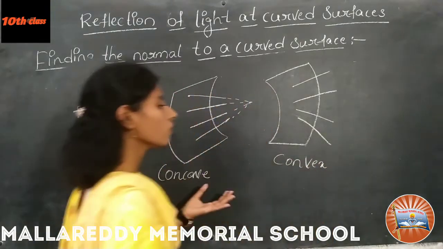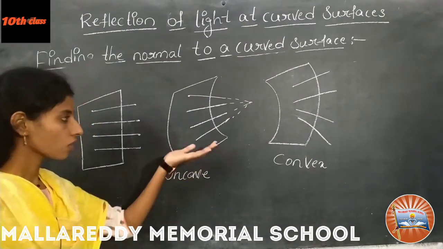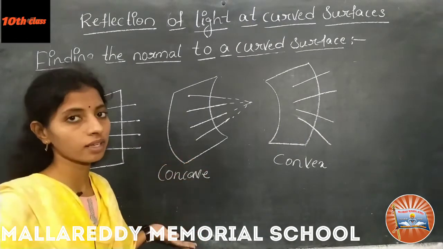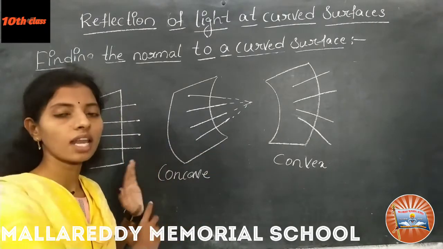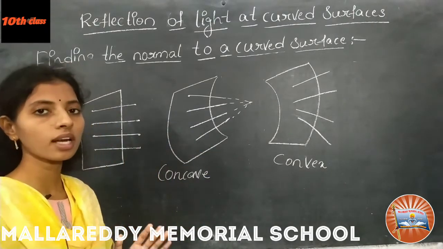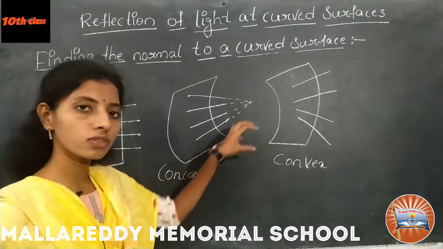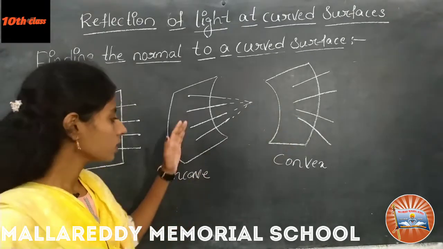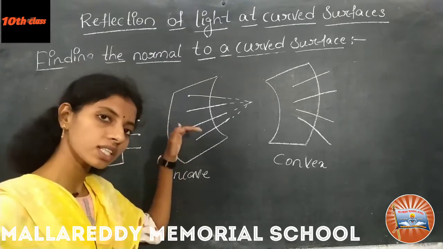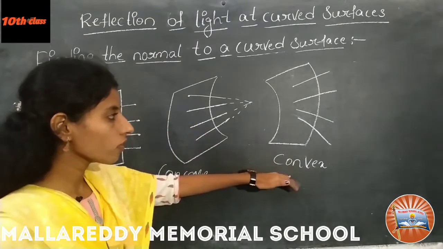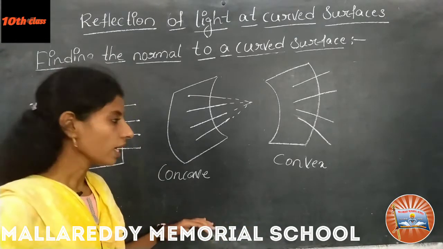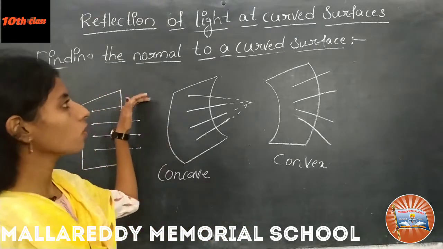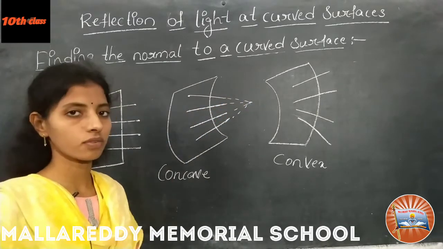We take the foam as a mirror to get an idea of how concave and convex mirrors form rays. The concave mirror is a converging type of mirror, and the convex mirror is a diverging type of mirror, right? So this is the normal to a curved surface.